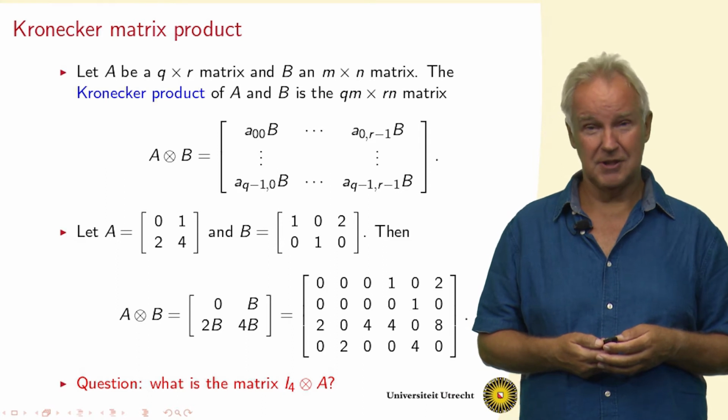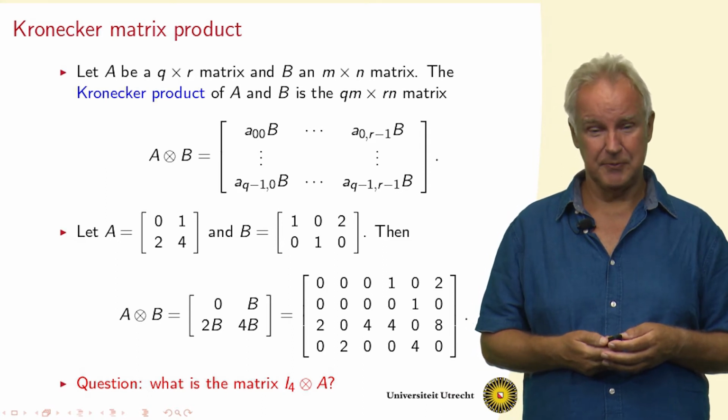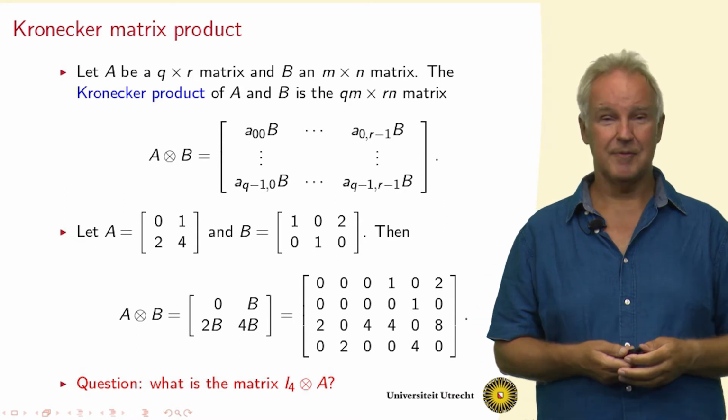And written out, you get the matrix that we see down. So that's what the Kronecker matrix product does.